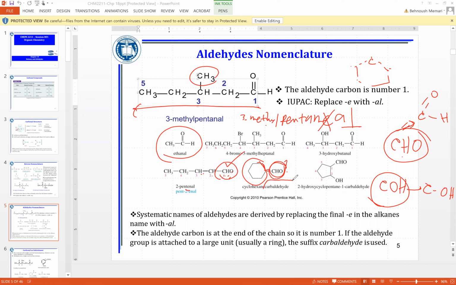And you say carbaldehyde, that includes the carbon and the aldehyde functional group. So cyclohexanecarbaldehyde. Cyclopentanecarbaldehyde. 2-hydroxy: the hydroxy group is on carbon number 2 of the cyclopentanecarbaldehyde.